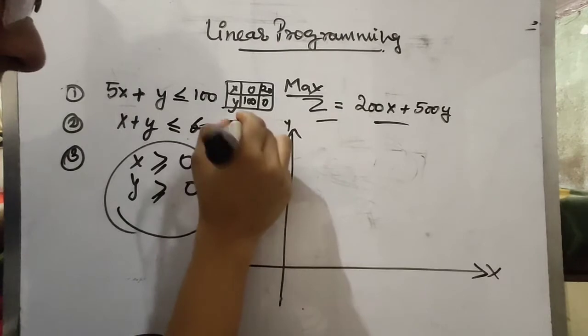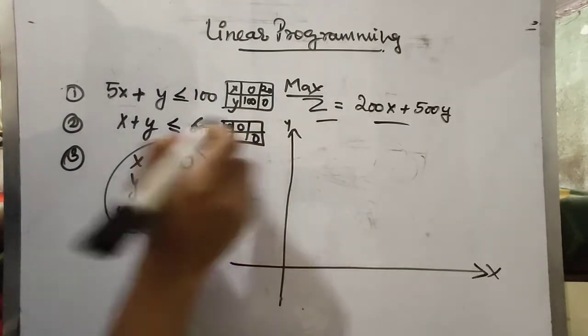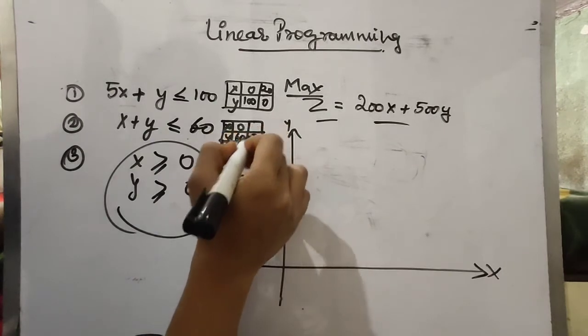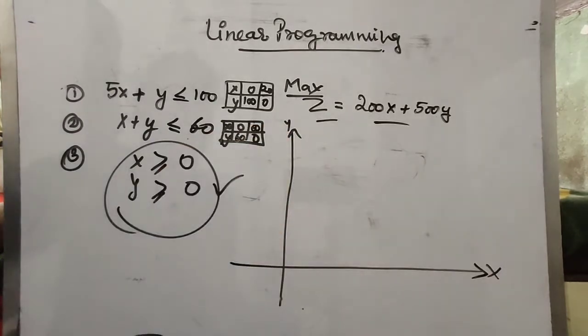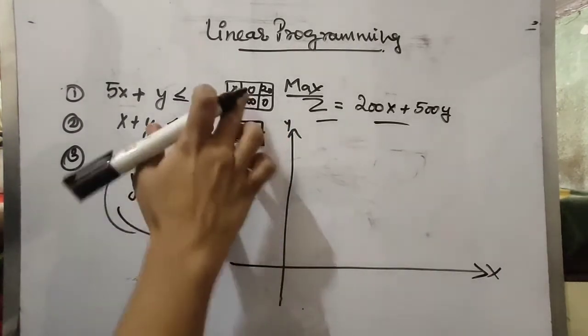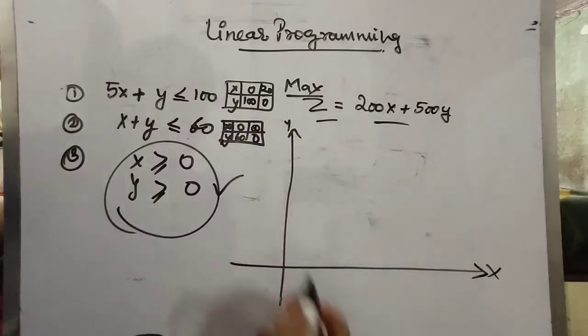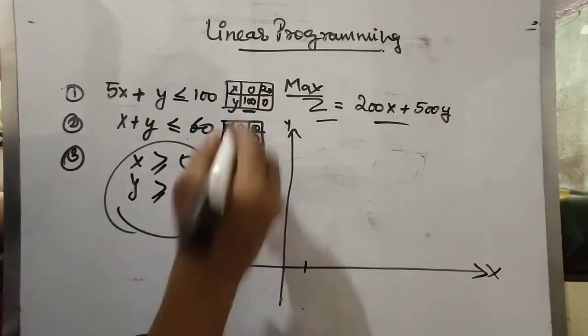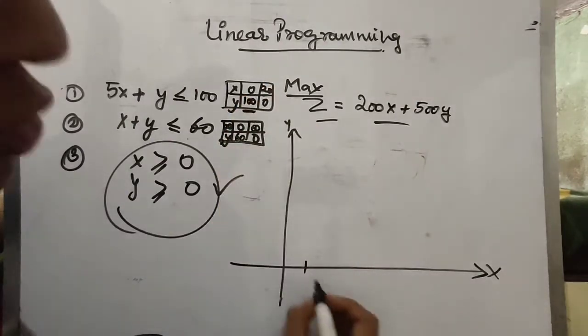For x plus y, put 0 in place of x and you will get y as 60, and then put y as 0 and you will get x as 60. So we'll plot these points on the axis. I'll take gaps of 10 each, because here I have a maximum value of 100 and a minimum value of 20.